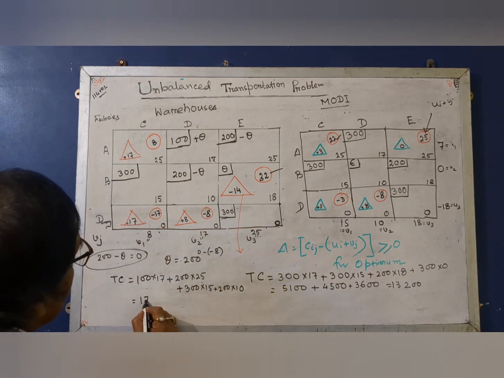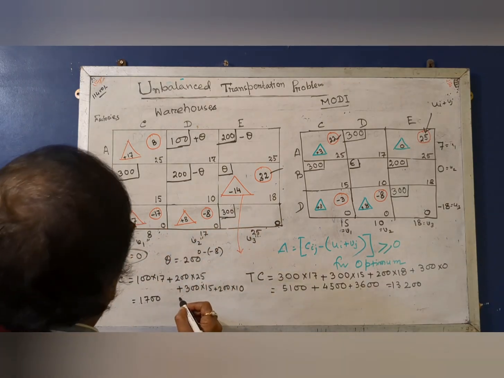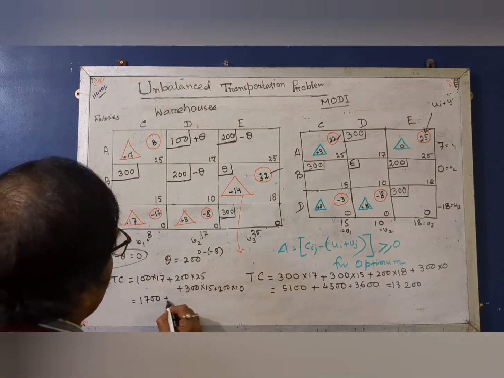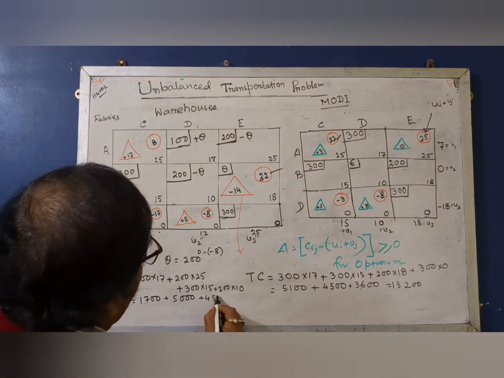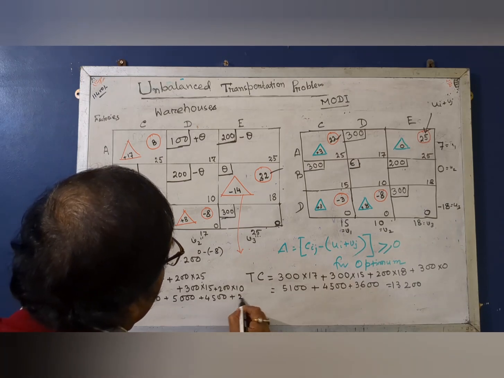How much is 1700 plus 5000, 500 plus 2000?